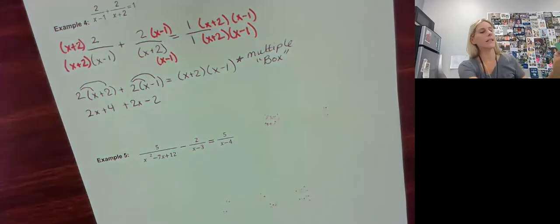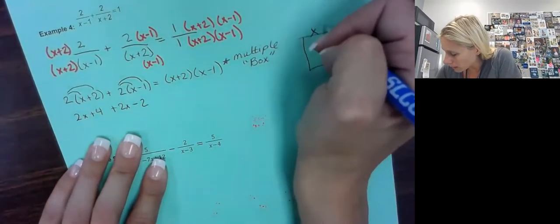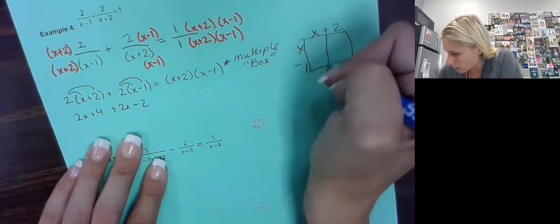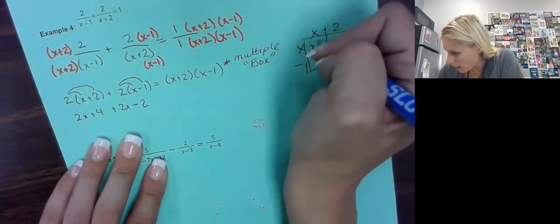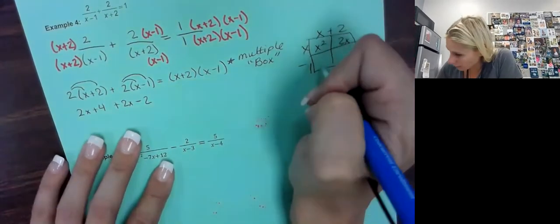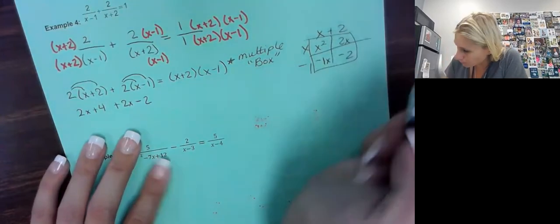Now on the other side there, I'm going to do the box quickly. And remember, x plus 2 times x minus 1 gives us x squared, 2x, negative 1x, and negative 2.